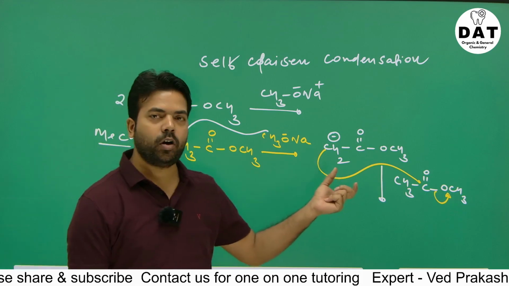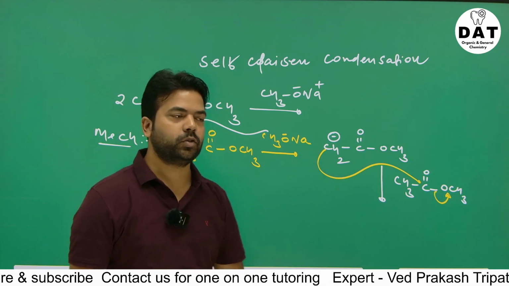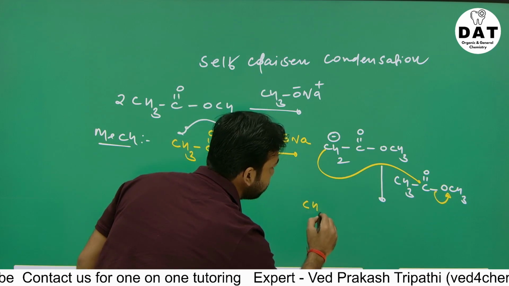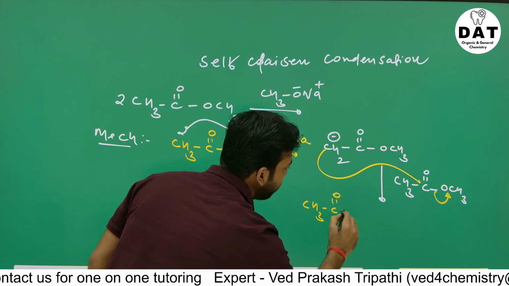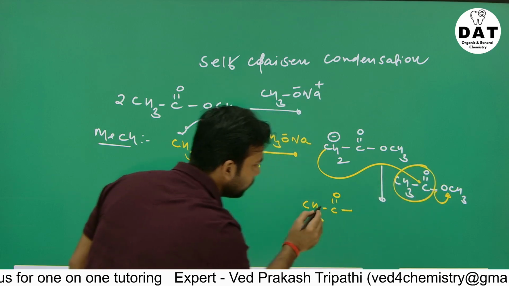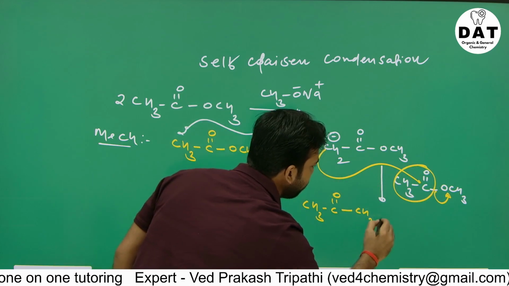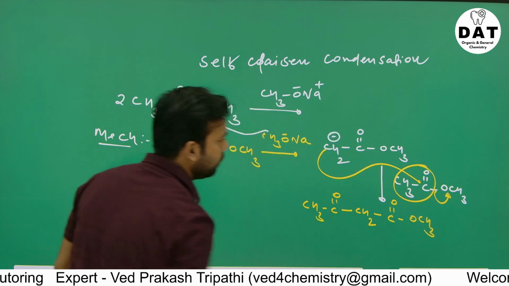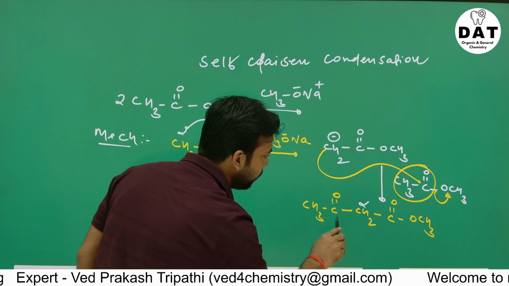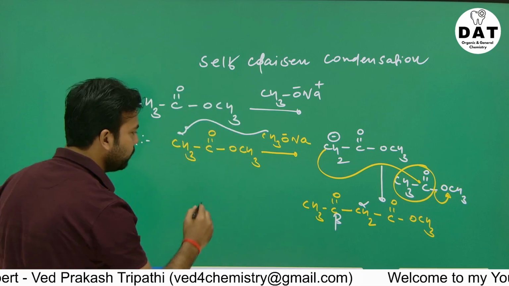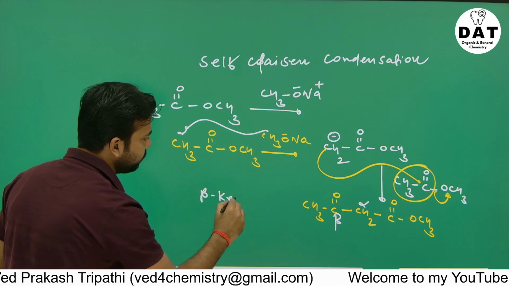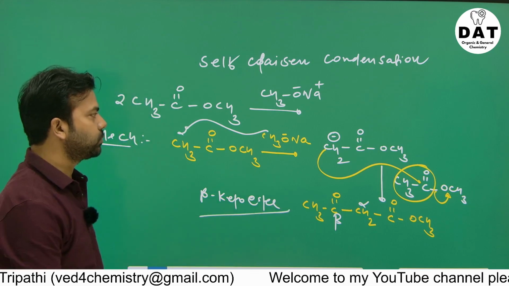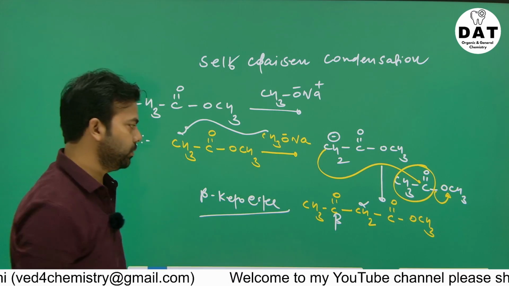So this is also called nucleophilic acyl substitution. So this OCH3 leaves, and now we can add like this CH3 C double bond O, this part, and then CH2, and then C double bond OCH3. So this carbon is alpha, alpha's neighbor is beta, so the product is a beta keto ester. Beta keto ester. Clear? So this is called self-Claisen.